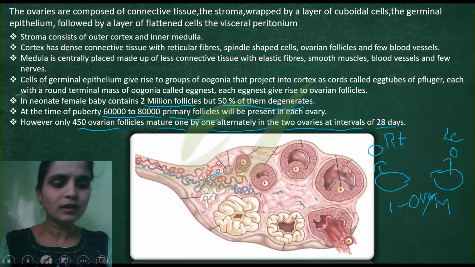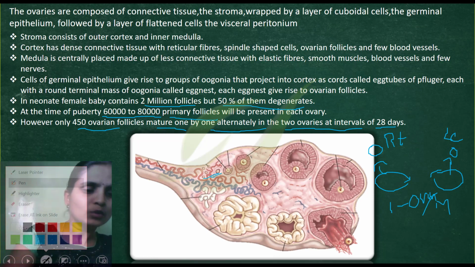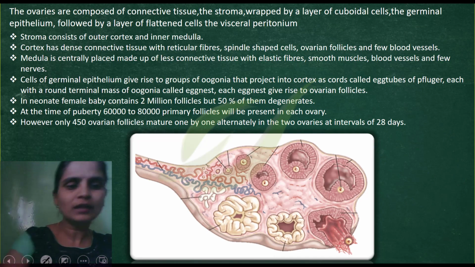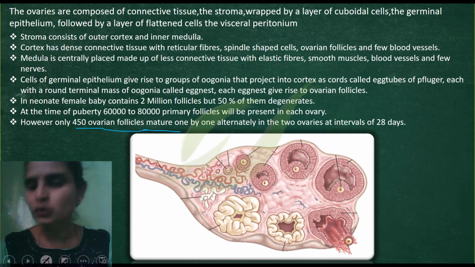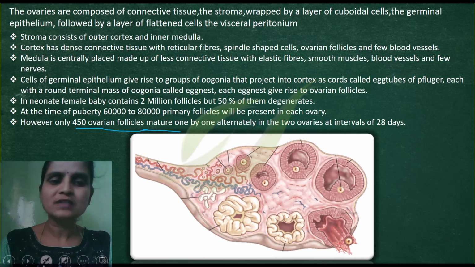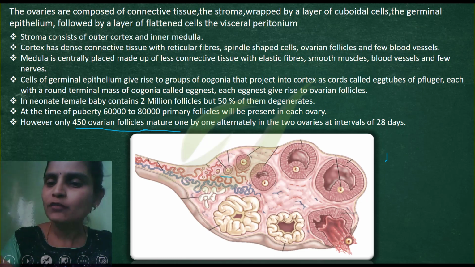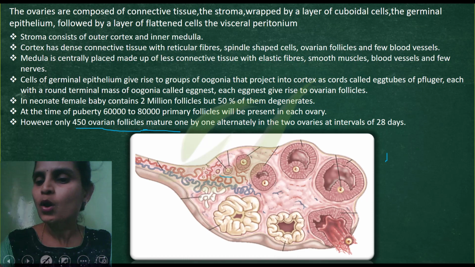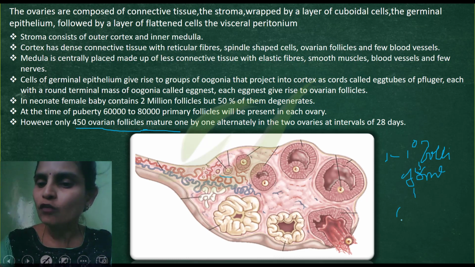Throughout her lifespan, around 400 ovarian follicles will mature. Though she has 60,000 to 80,000 primary follicles, please remember, only one primary follicle will grow and develop into an ovum every month.